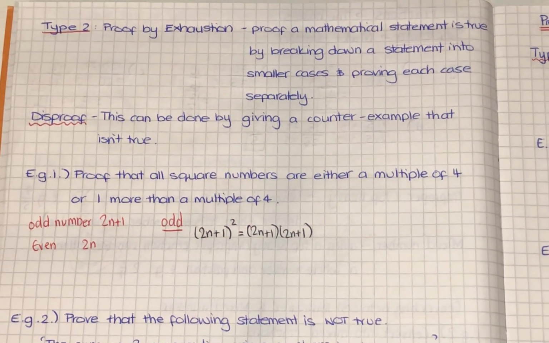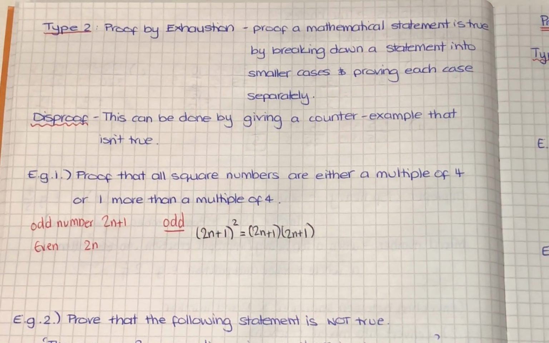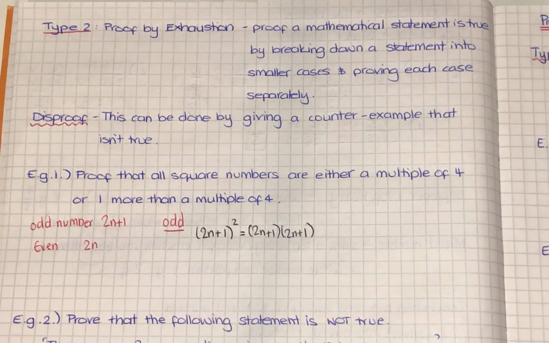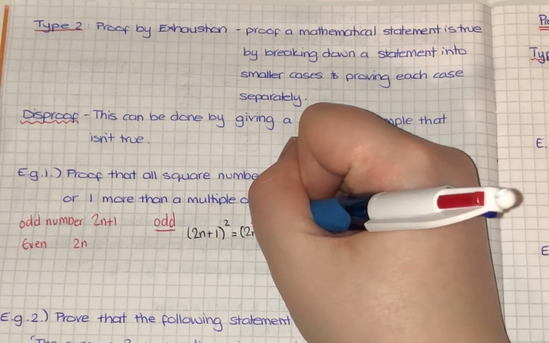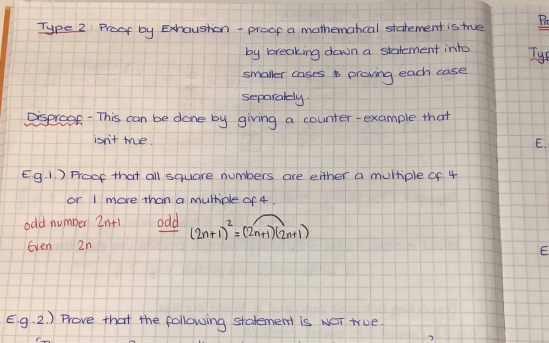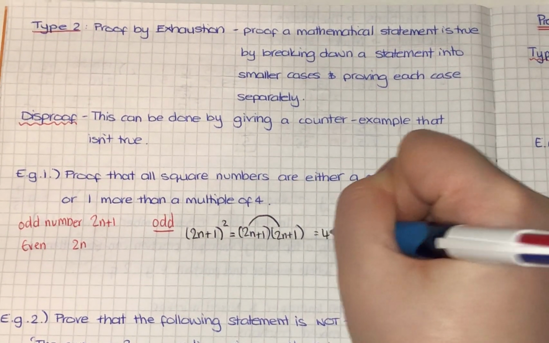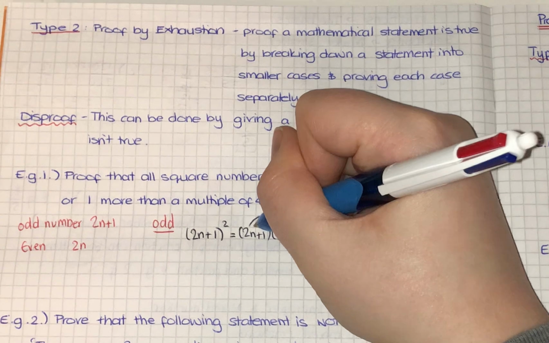Now I know some people can do it in your head, brilliant if you can. If you end up just writing 4n squared plus 1, make sure you do this and then you won't make that mistake again. So 2n times 2n gives us 4n squared.